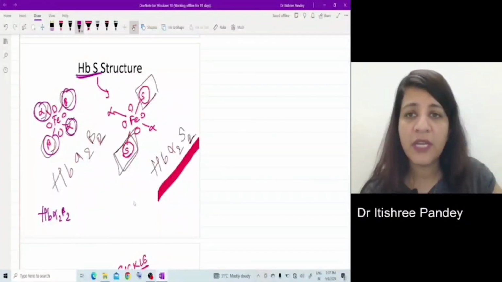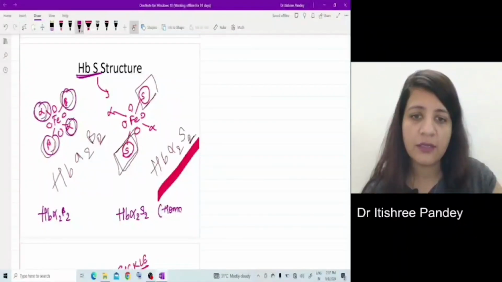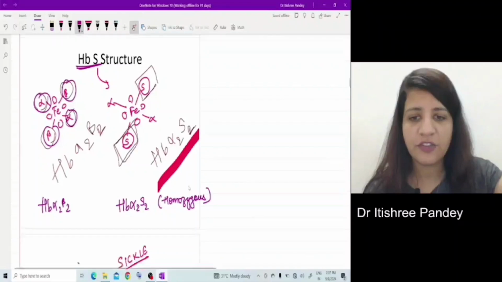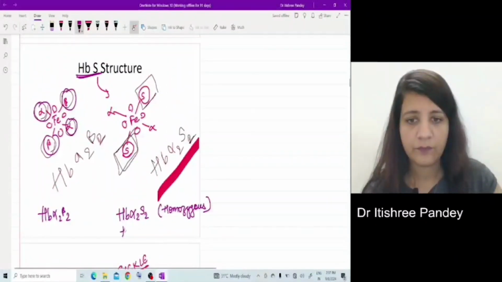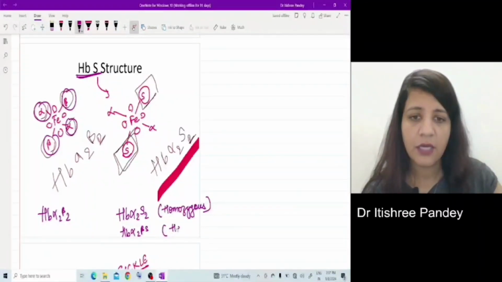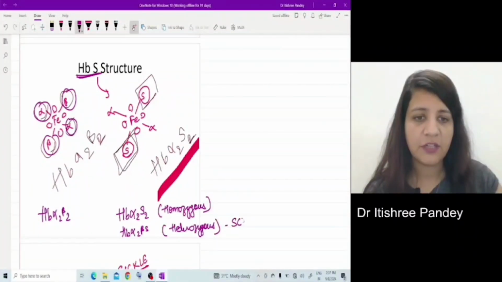Similarly, hemoglobin S is represented as hemoglobin alpha 2 S2 in the homozygous state. Now, in sickle cell trait, that is heterozygous. This is sickle cell trait and this is sickle cell disease.